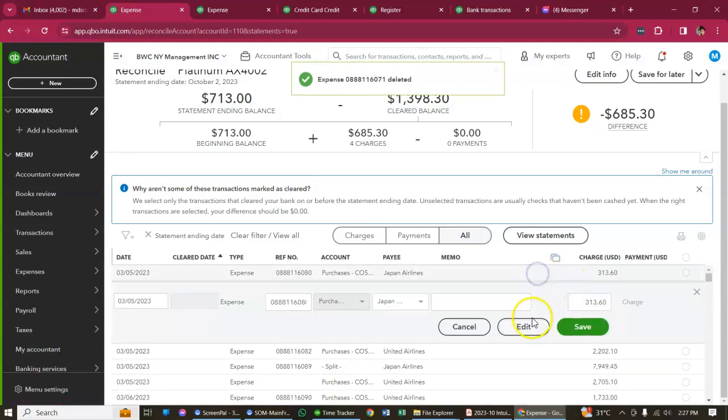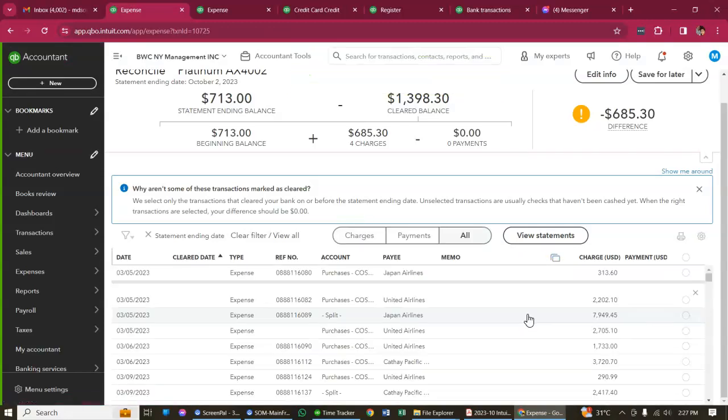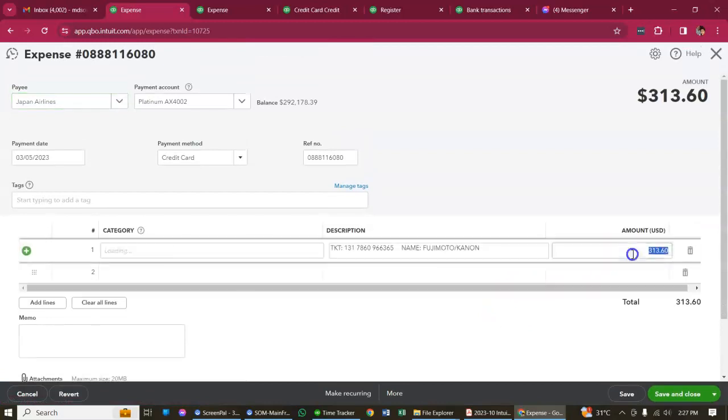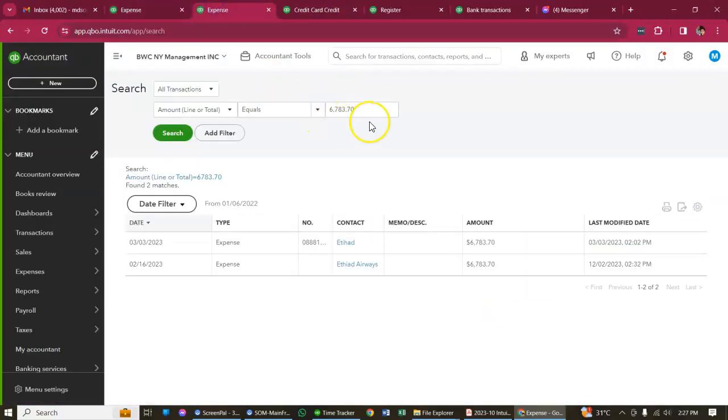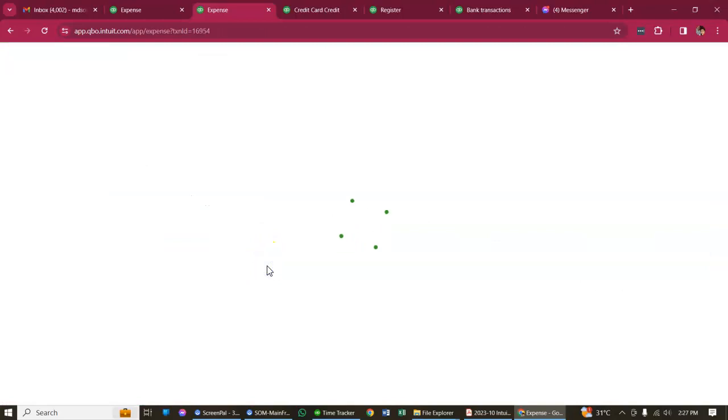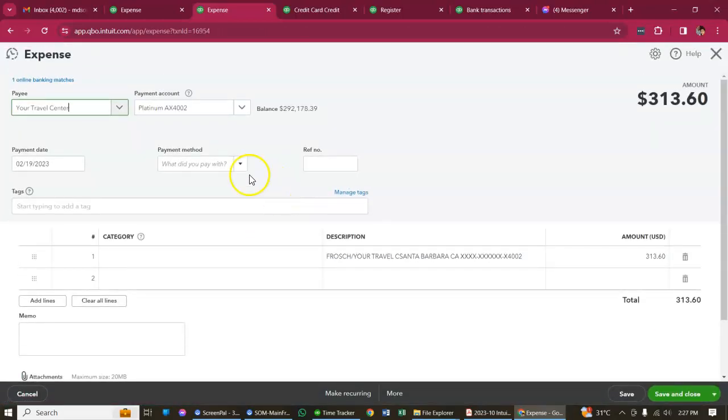Also try to look into this and that. Yeah, and it's the same case. So there it is, the other is already recorded and reconciled, this one.